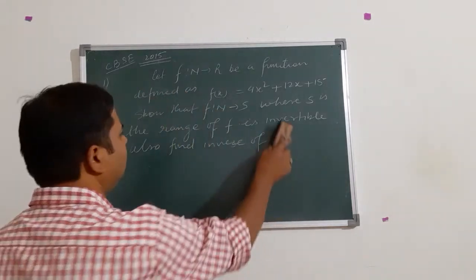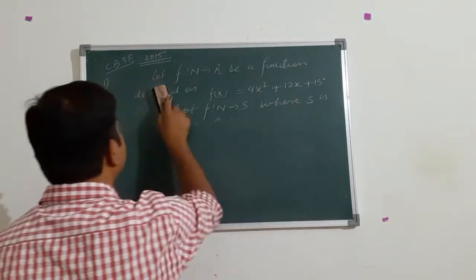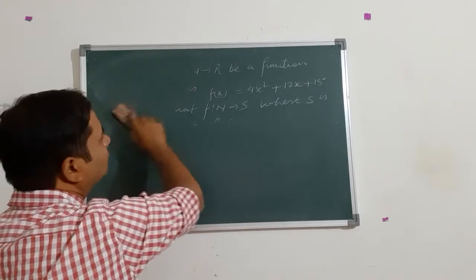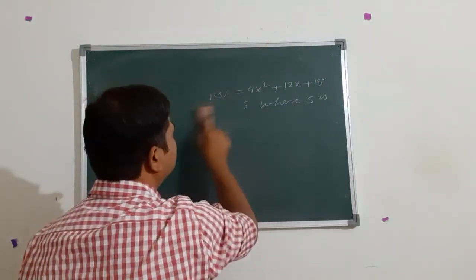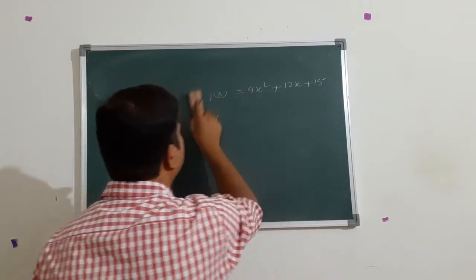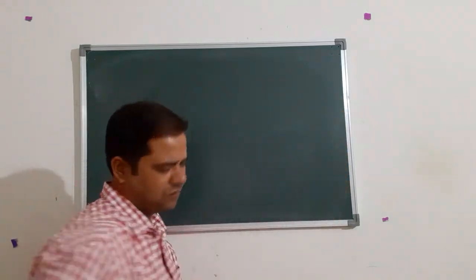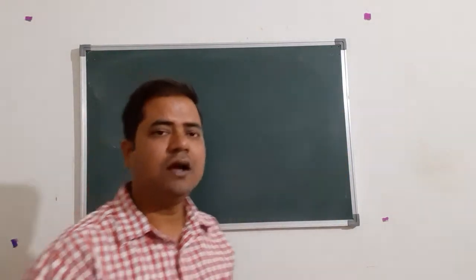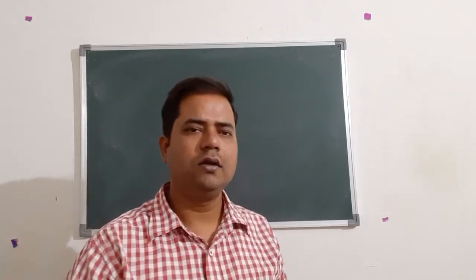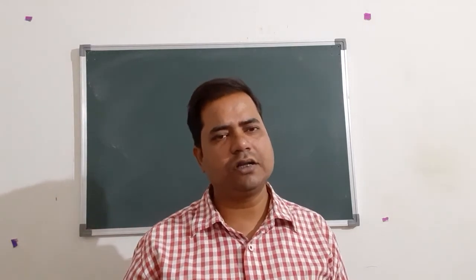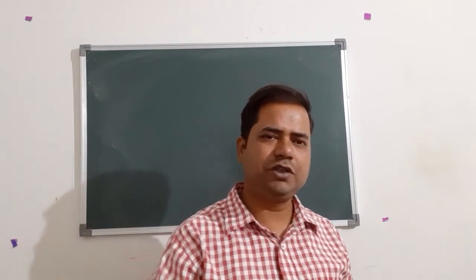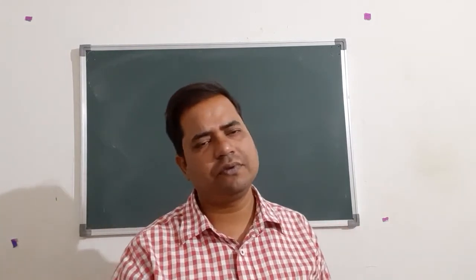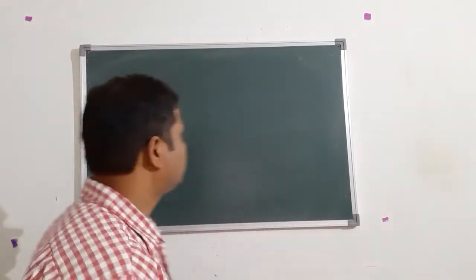First of all, we have to show this is an invertible function. For an invertible function, we must show f is one-one and onto, or we can find the inverse g of f such that the composition of f and g, and g and f, is an identity function. So, first method.